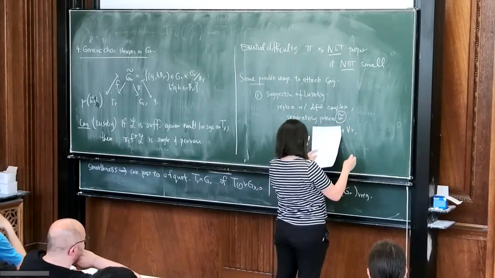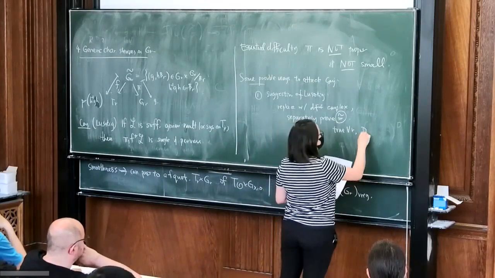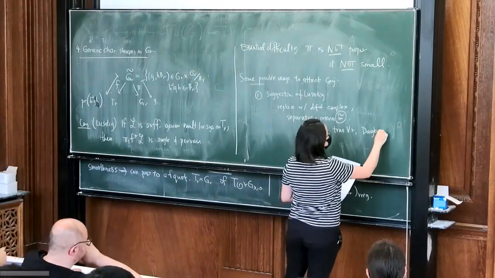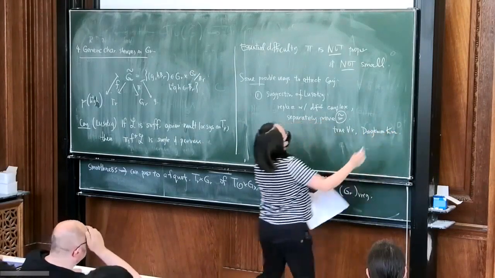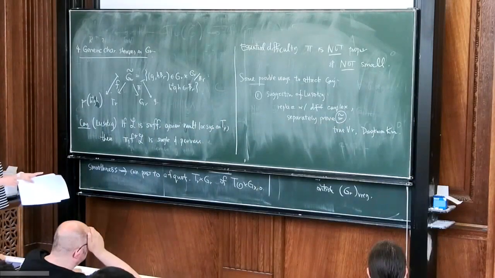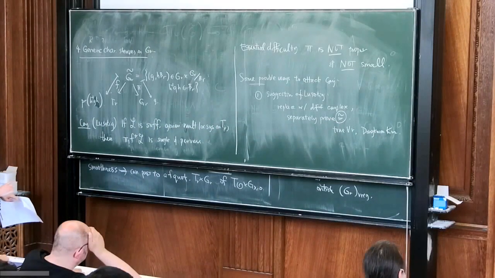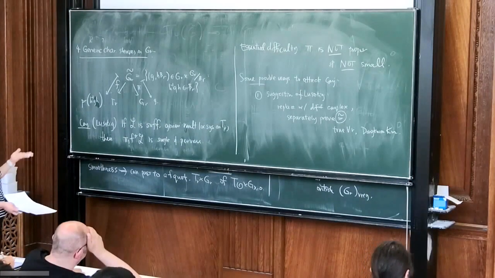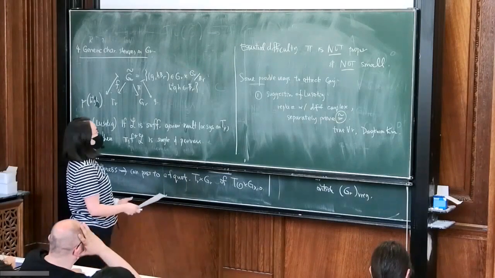So the isomorphism between Lusztig's suggested alternative complex and this one is true for all R, and this is proved by Dong-Kwan Kim, who was a student of Lusztig's. So we know now that these two things are isomorphic, and now the question is whether this other complex can be proven to be simple and perverse.